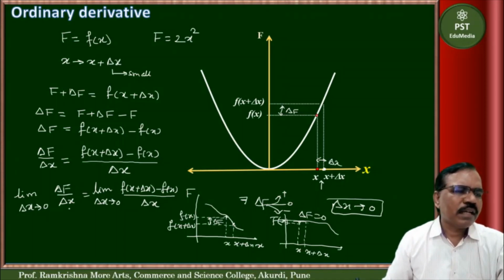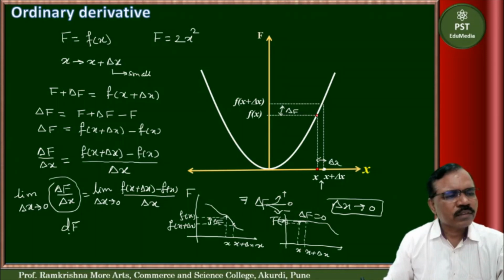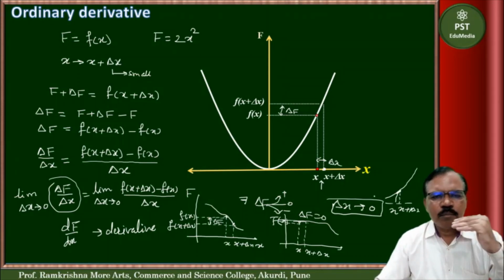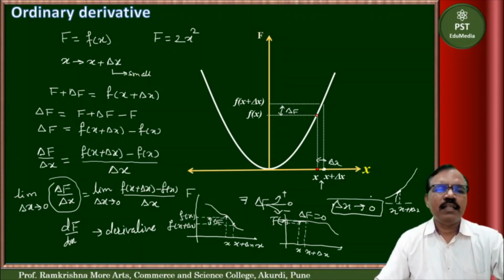And when delta x is very, very small, we call this df by dx. And this is called derivative. So what happens here? Suppose we take a graph, the nature of the graph is like this. And suppose here this is x and this is x plus delta x. So here in this region, the behavior of function is generally linear.